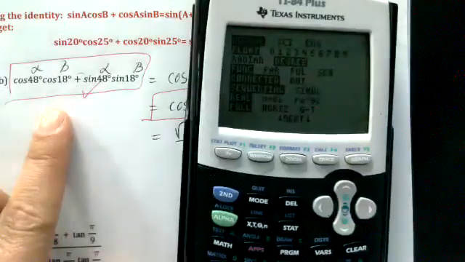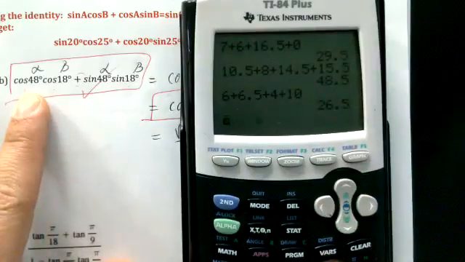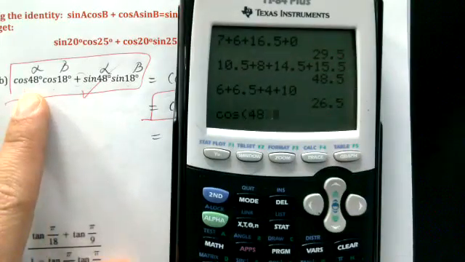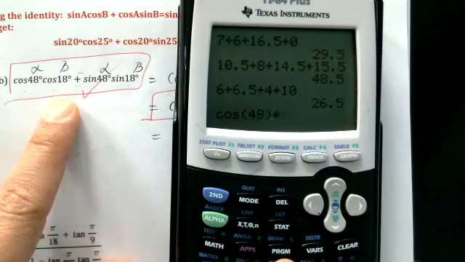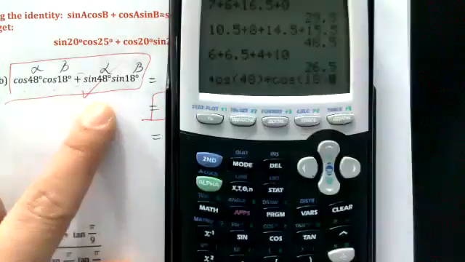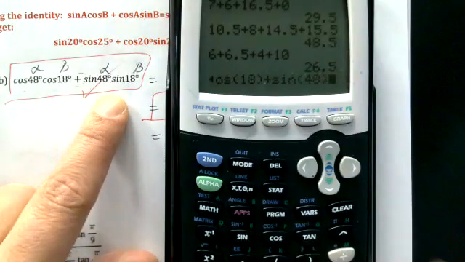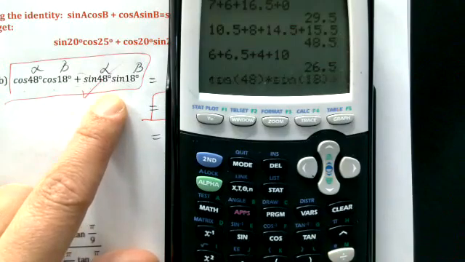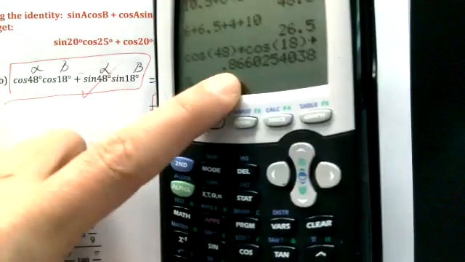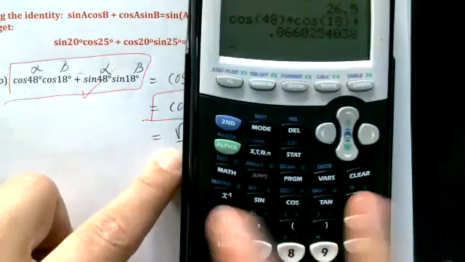And then if we do cos of 48 times cos of 18 plus sine of 48 times sine of 18, we're getting 0.8666. So let's see what square root of 3 over 2 equals to.